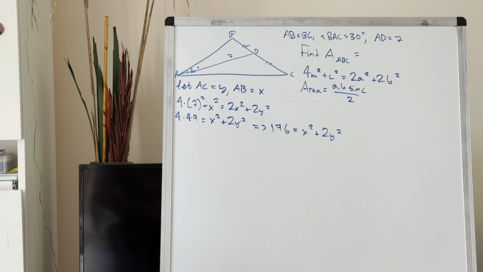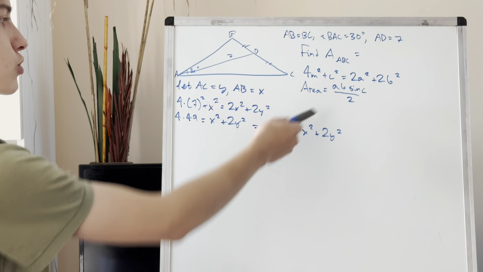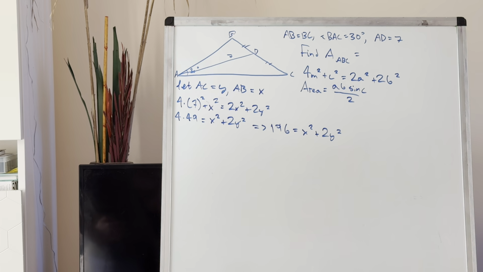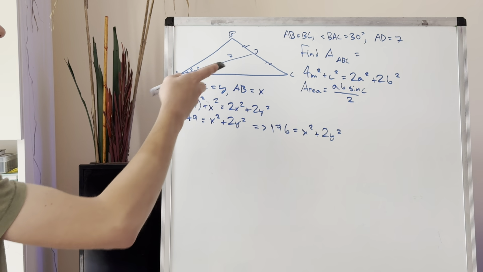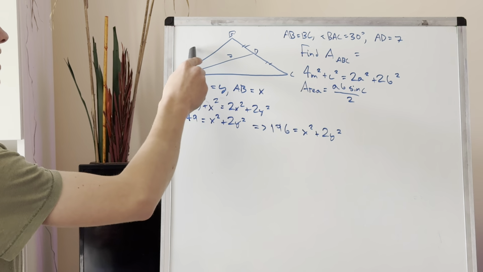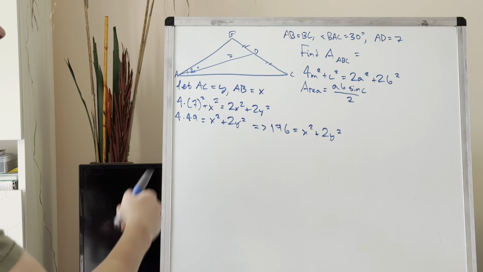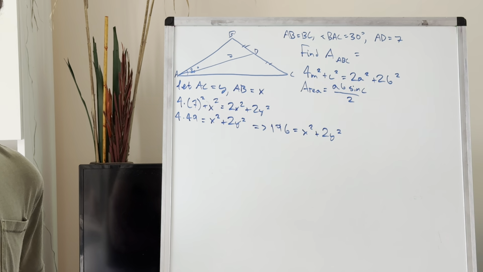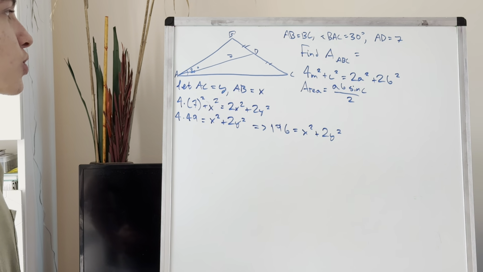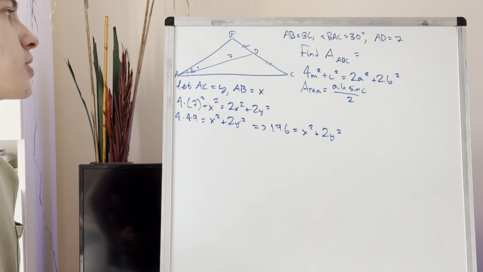Very nice. But then, the tricky part is figuring out how to use this area formula. We can't just apply it to our whole triangle ABC, because that wouldn't give us a system. We would say something like x times y times sine of 30 over 2 equals the area of ABC. But remember, ABC is also an unknown. It wouldn't be possible to solve such a system.